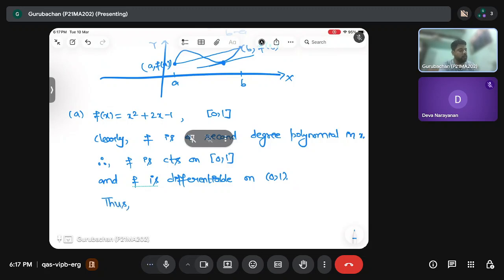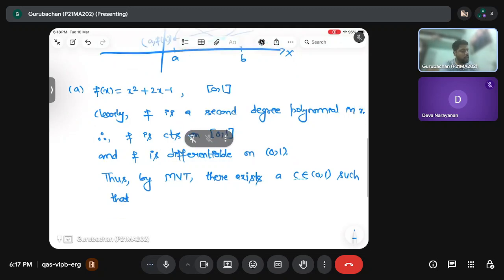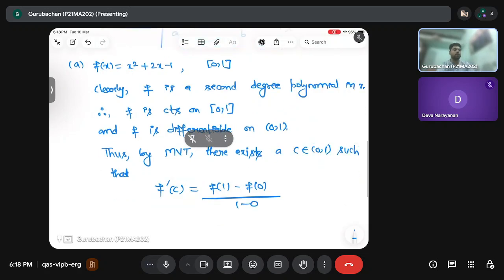Thus, by the mean value theorem, there exists a C in (0, 1) such that f dash of C is f of 1 minus f of 0 divided by 1 minus 0. So what is f dash x?